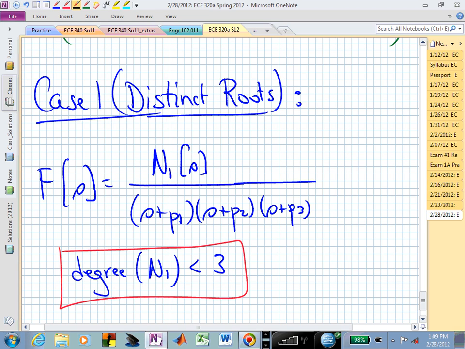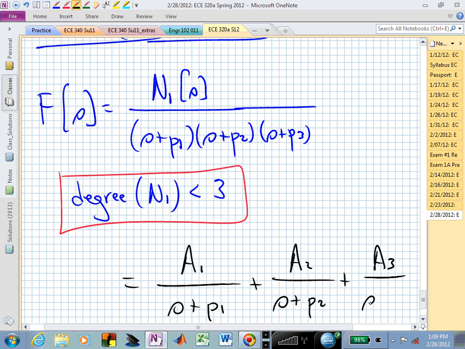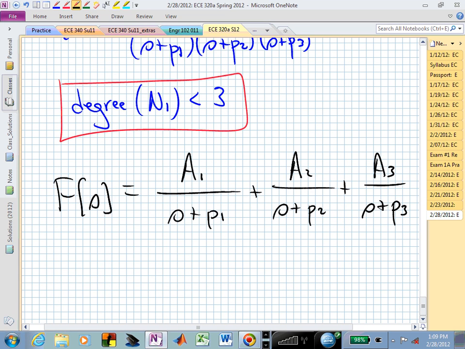The partial fraction expansion for F of s is now going to be some coefficient, I'll say A1 over s plus p1 plus an A sub 2 over s plus p sub 2 plus an A sub 3 over s plus p sub 3. And that's how we will rewrite F of s, because we know how to now inverse Laplace transform these individual terms.